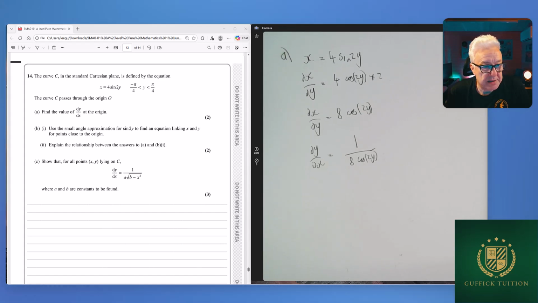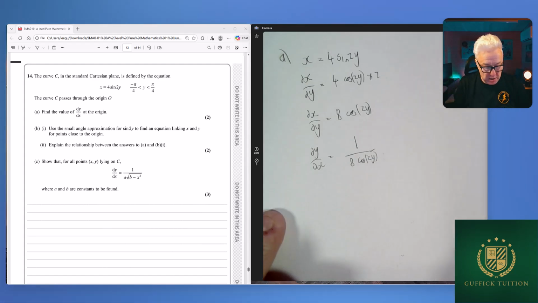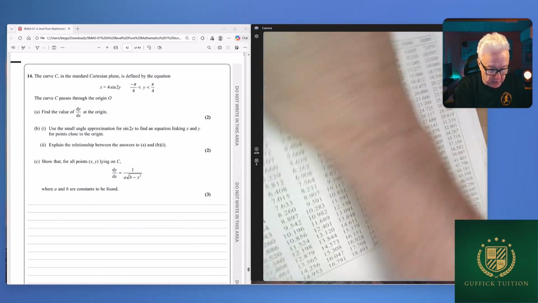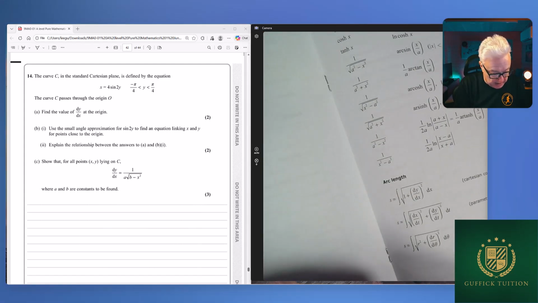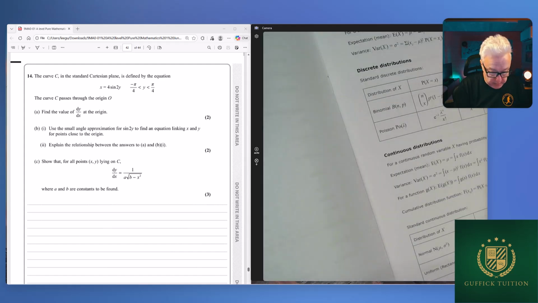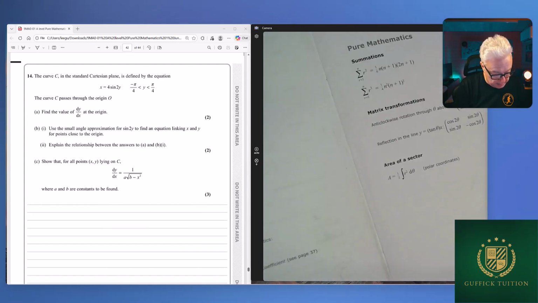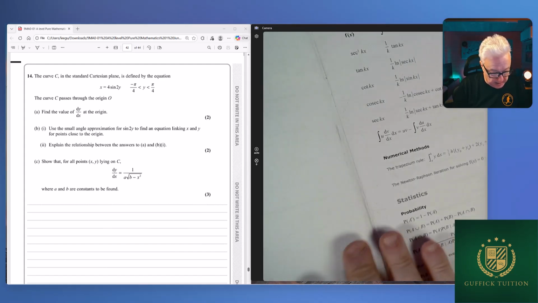Now part B, it says use the small angle approximation for sine 2y to find an equation linking x and y. So we're given in the formula booklet the small angle approximations. There we go.